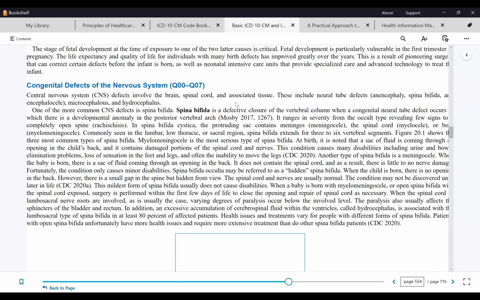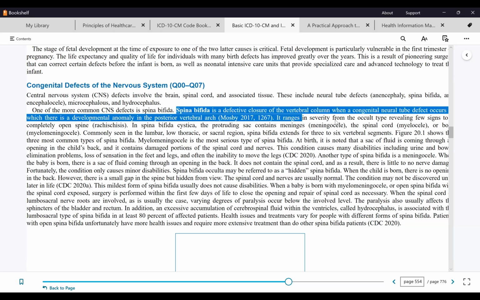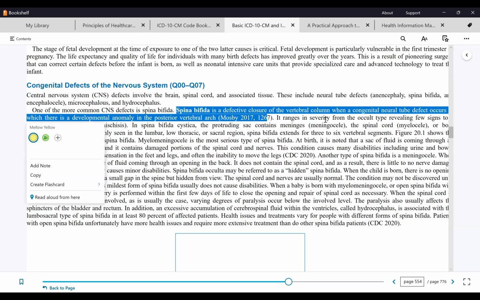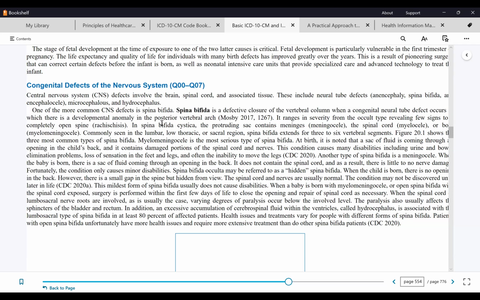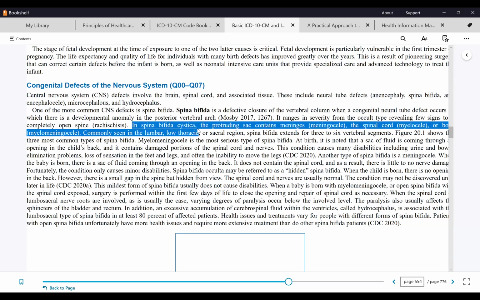And here we have it. Again, what is spina bifida? This is when the vertebral column does not close. And it can be severe, right? Or not so severe. In spina bifida cystica, the protruding sac just includes the meninges.